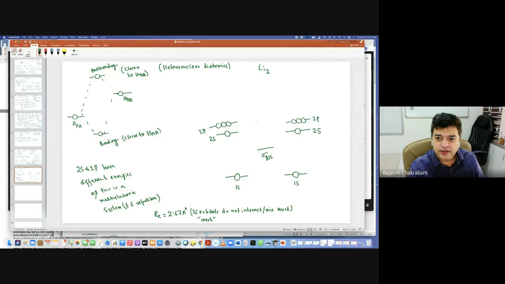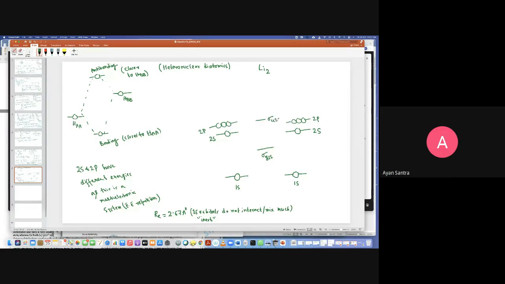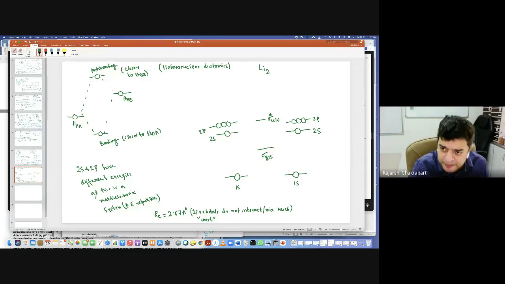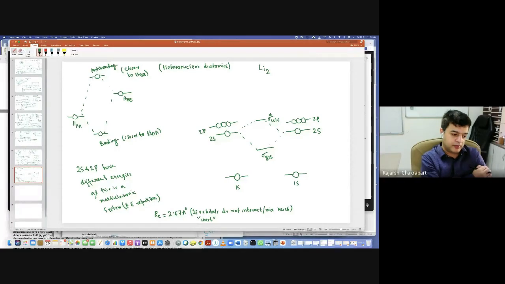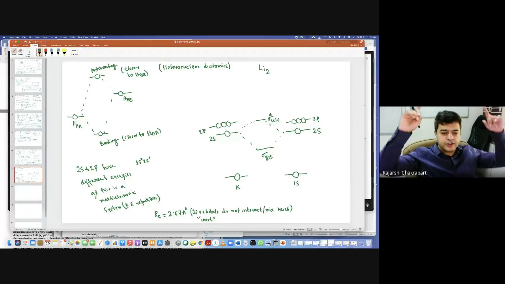And this will give you something like sigma u 2s star. This is fine? This is okay, no? Now your electronic configuration is 1s2, 2s1. You have one electron in 2s.